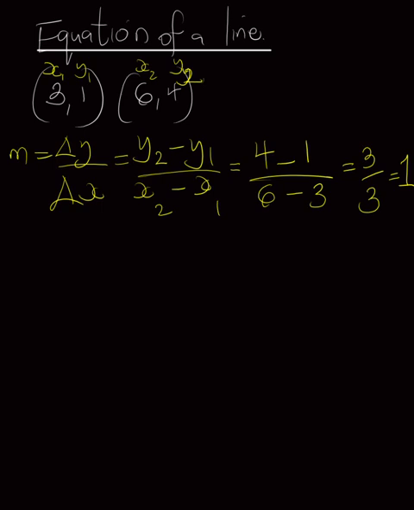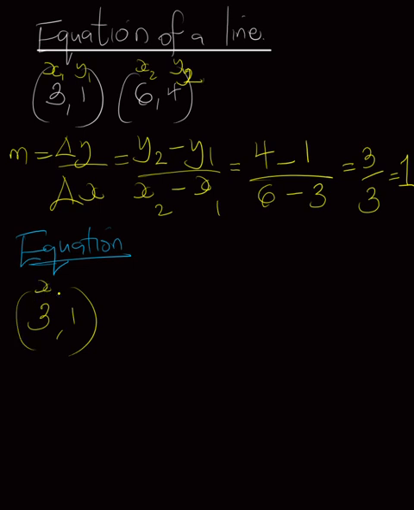The second concept, I want us to find the equation of a line. Now let's find the equation. We want to find it in the standard way. So I'm going to pick any coordinate, either the first or the second. Let's pick the first: we have 3 and 1.